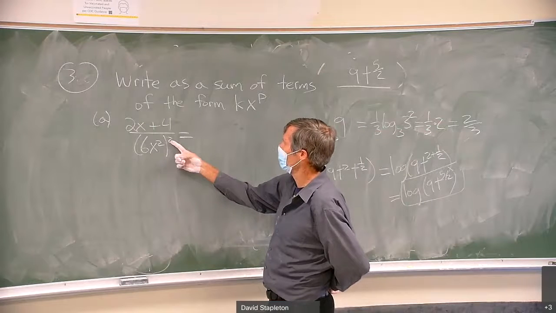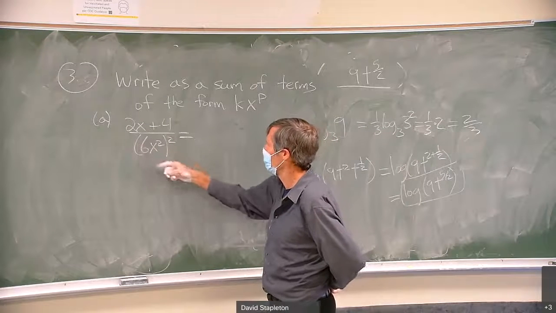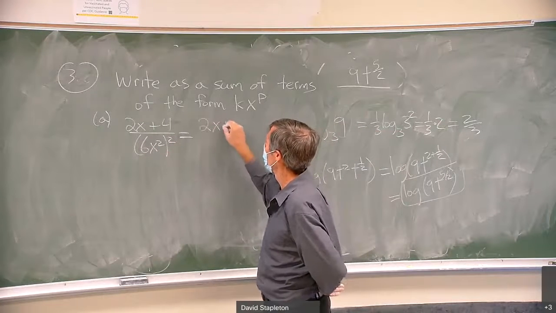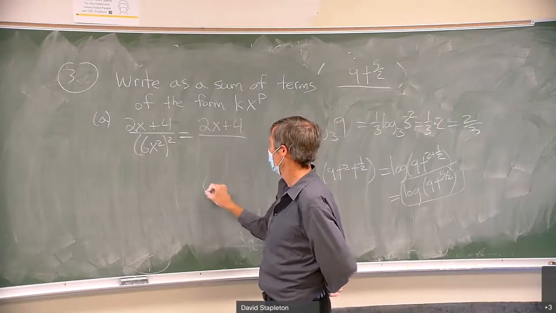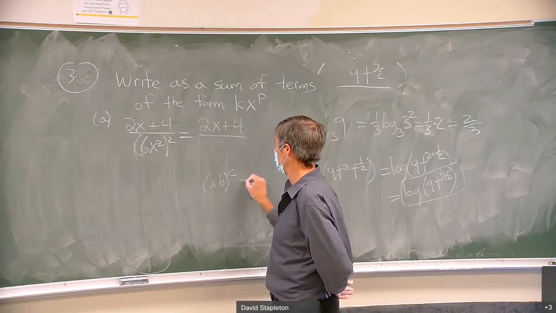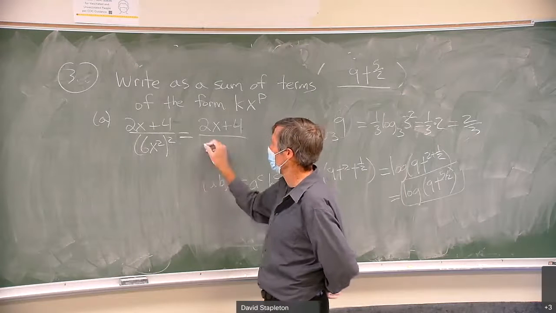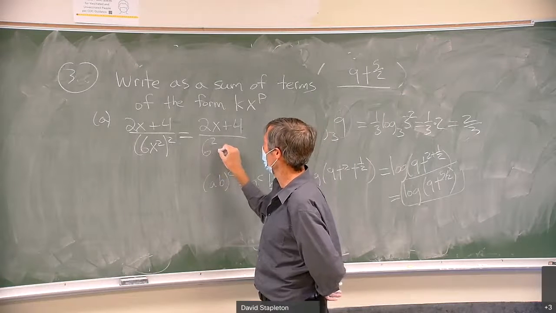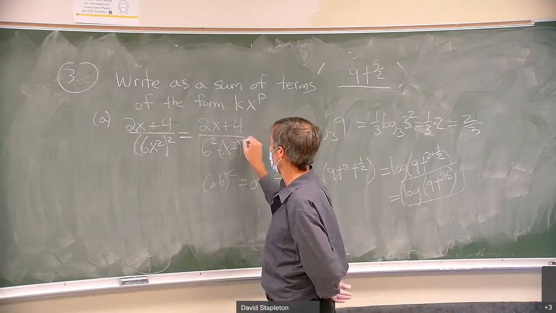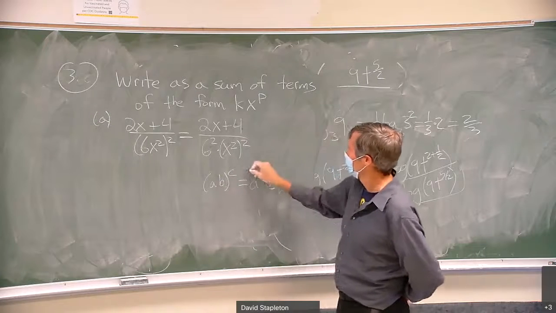If I have a power of a product, I take (ab) to the c, that's a to the c, b to the c. I just take each thing in the parentheses to that power. So the bottom is 6 squared times x squared, by this property.